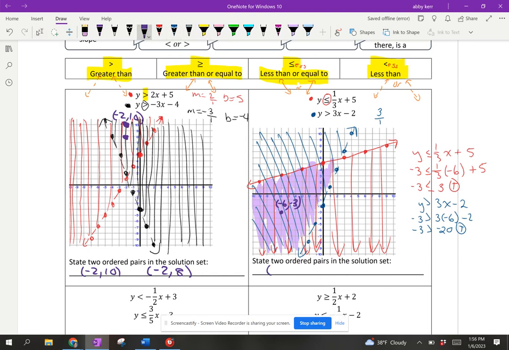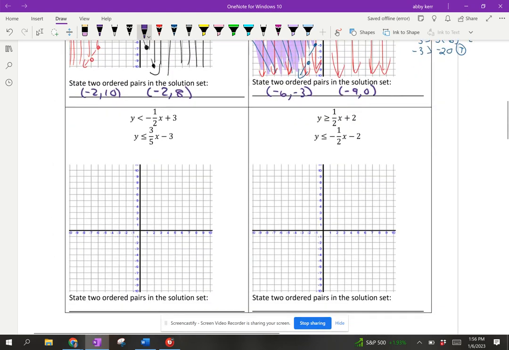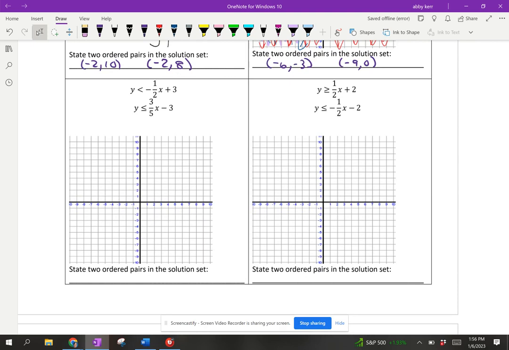So we have negative 6, negative 3, and then you can do another one, for example, negative 9, comma 0. Now, if you want to pause it once again to try the bottom left, please do so at this time, and then check your answer.